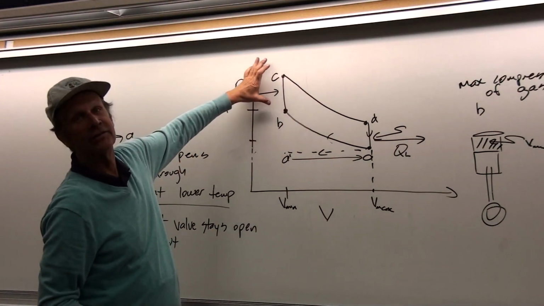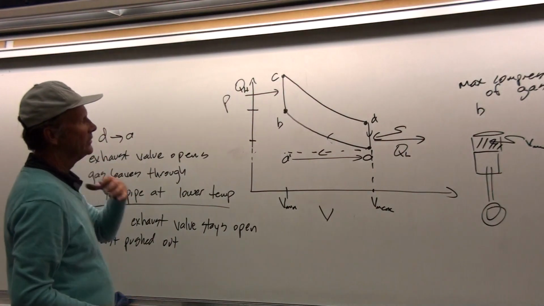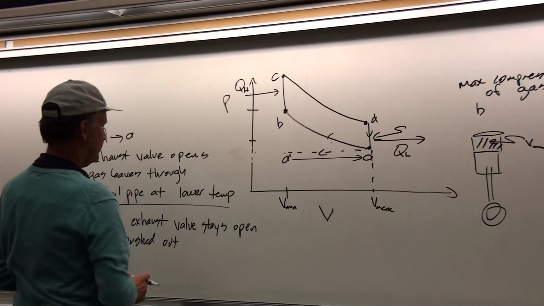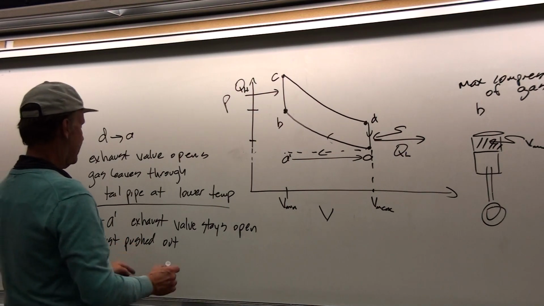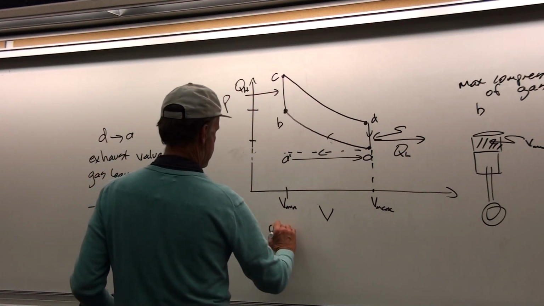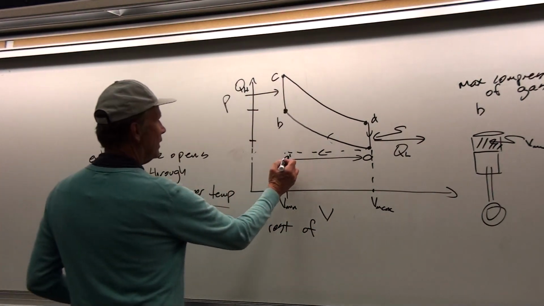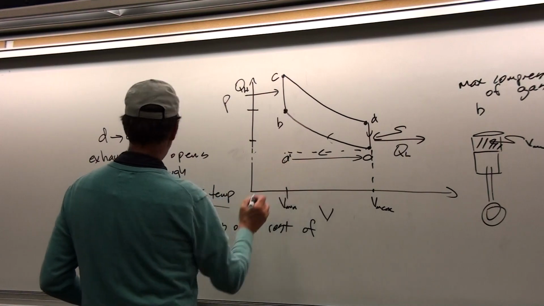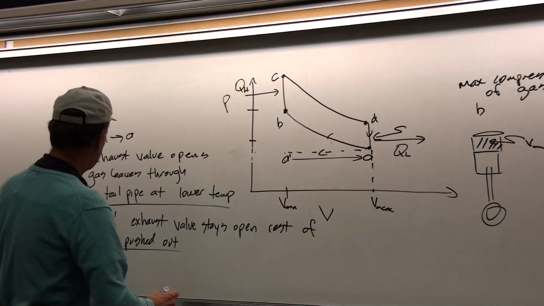And then it really goes up when the expansion happens here. Okay. As we're going from A to A prime, the exhaust valve stays open and the rest of the exhaust is pushed out. And then at A prime, the exhaust valve closes and the intake valve opens.